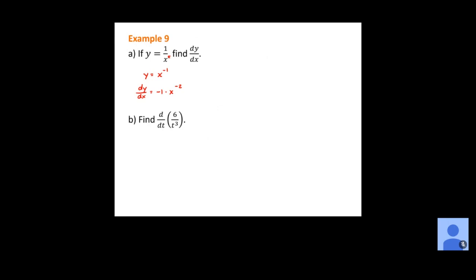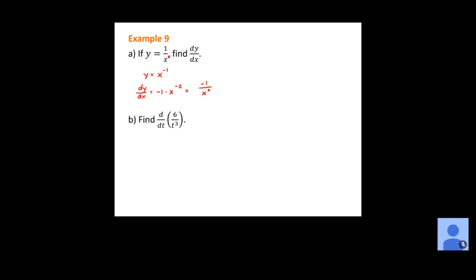Now we can rewrite this and make the exponent a positive, right? So we can move it back to the denominator. And if we do that, what's it going to look like? There we go. Negative 1 over x squared.